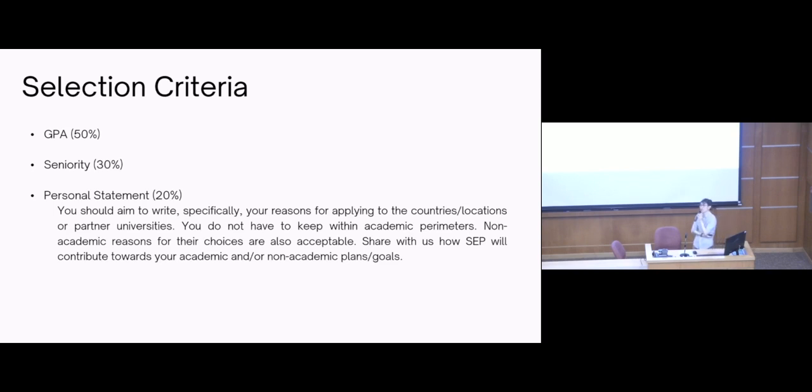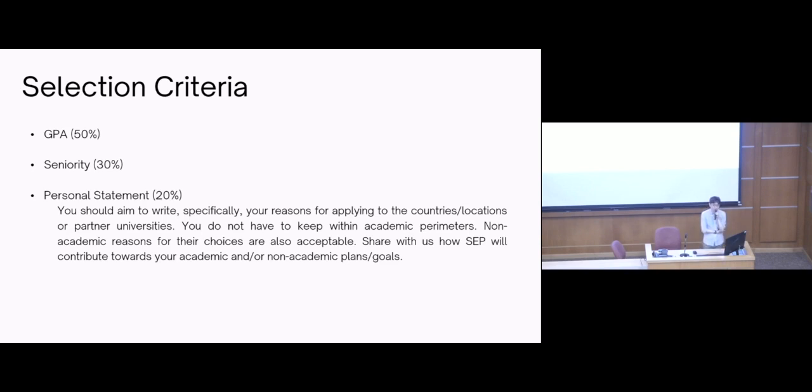That's because we want to make sure that everyone has at least one chance to do student exchange in the duration that you are at NUS. So if you are close to graduating, then we want to give you priority. And finally, 20% personal statement.